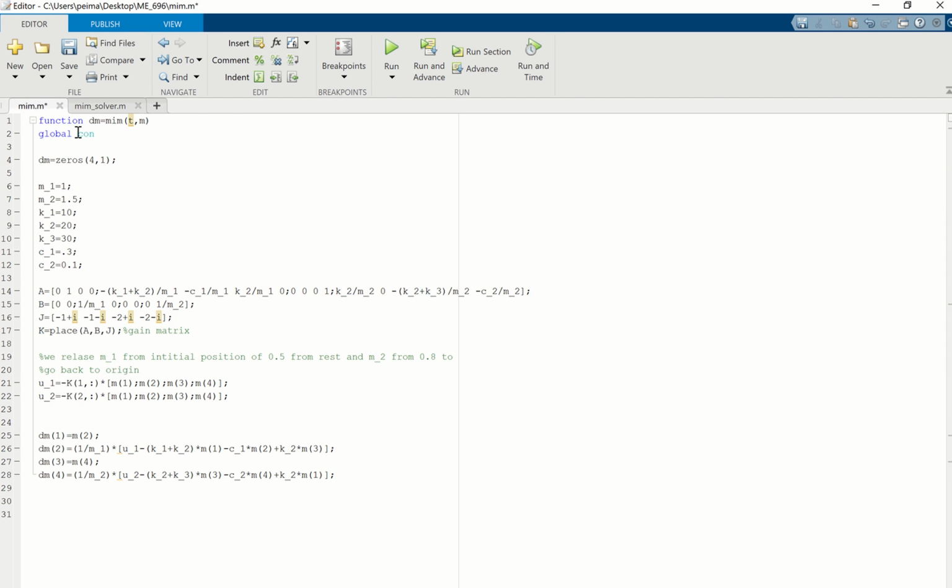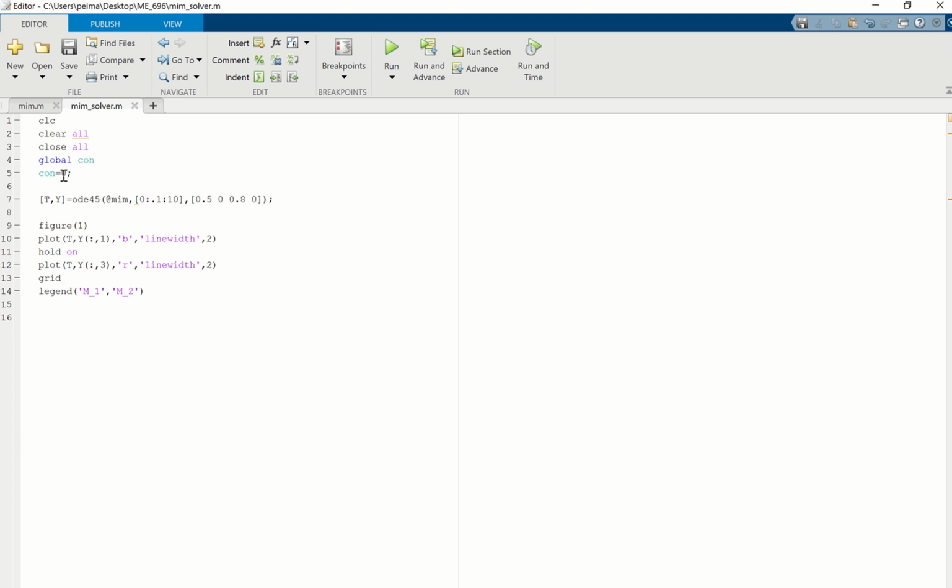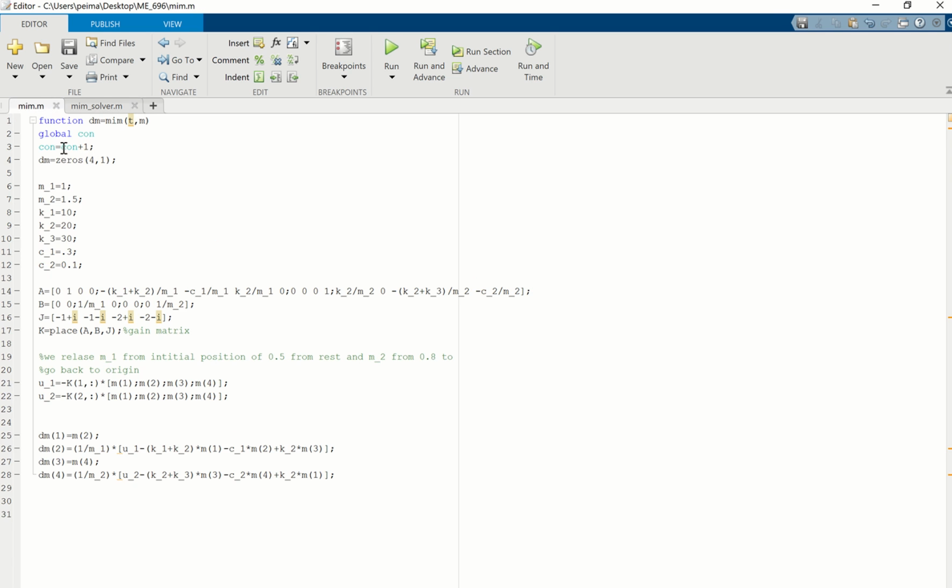Okay, now you're going to make a counter. Con is equal to con plus 1. What is it doing? Look here, guys. Here it says con is 0 for the first time, but after the ODE goes inside this, for each time step it's going to add 1 to con. So this is going to be 1, 2, 3, 4, 5, 6, 7, up to the number of times.